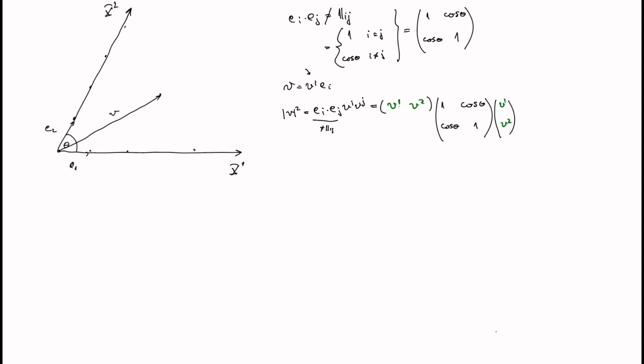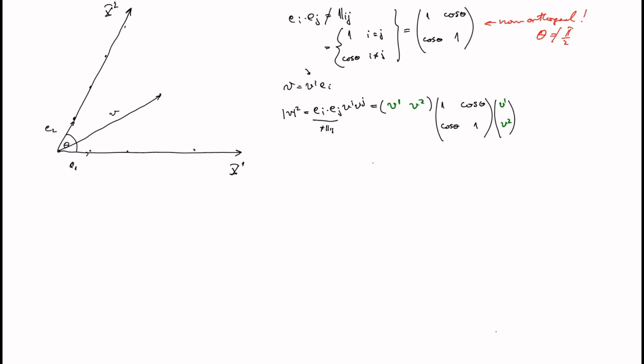Now I write them with upper indices because I know that my basis is given with lower indices, so I have to have contravariant components. So the question is actually how they are projected in a basis which is non-orthogonal. Let me just write that this is non-orthogonal because theta is not pi half. If theta is pi half, this just becomes the orthogonal coordinate system that we had before.